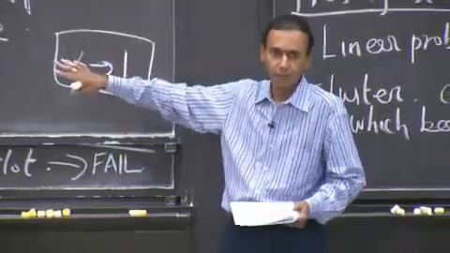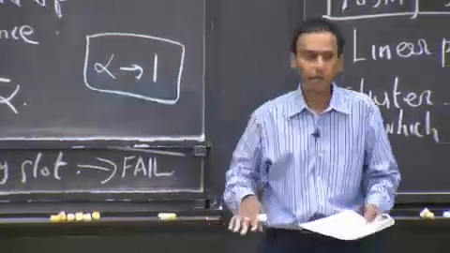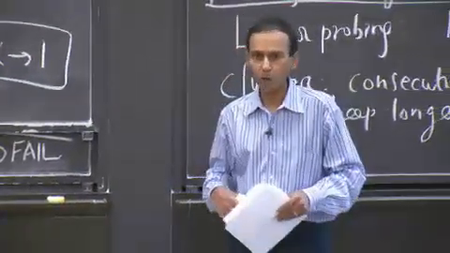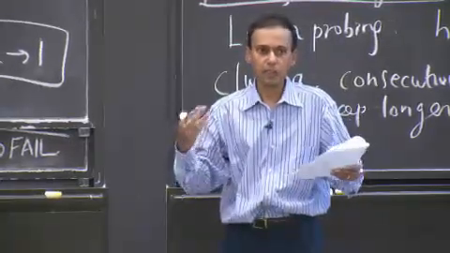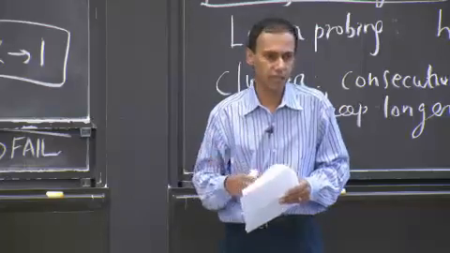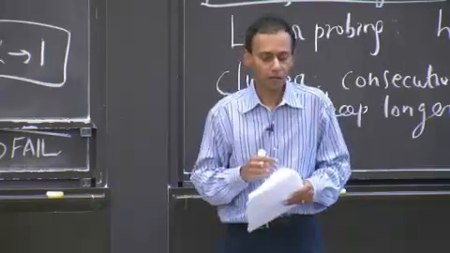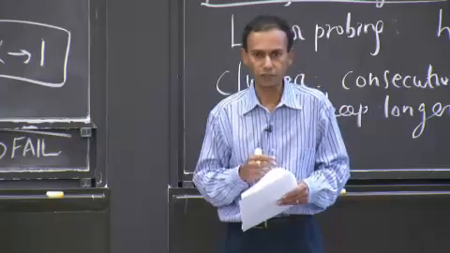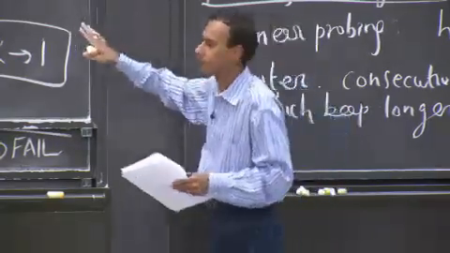It uses less memory because you don't need pointers, but you better be careful that your alpha stays around 0.5 and no more. So all that means is you can still use it. You just have to resize your table. You have slightly different strategies for resizing your table when you use open addressing as opposed to chaining hash tables. All right? So that's the summary of open addressing.